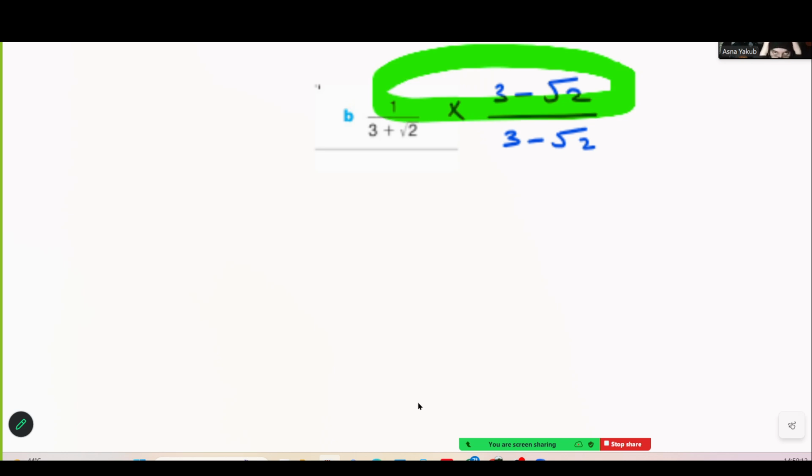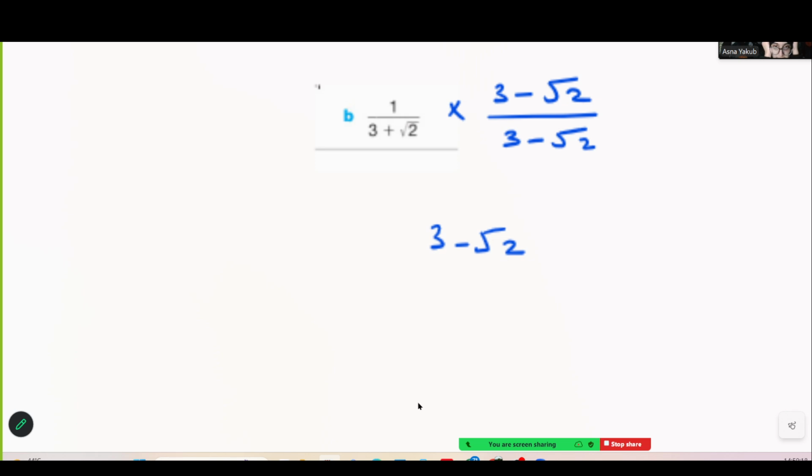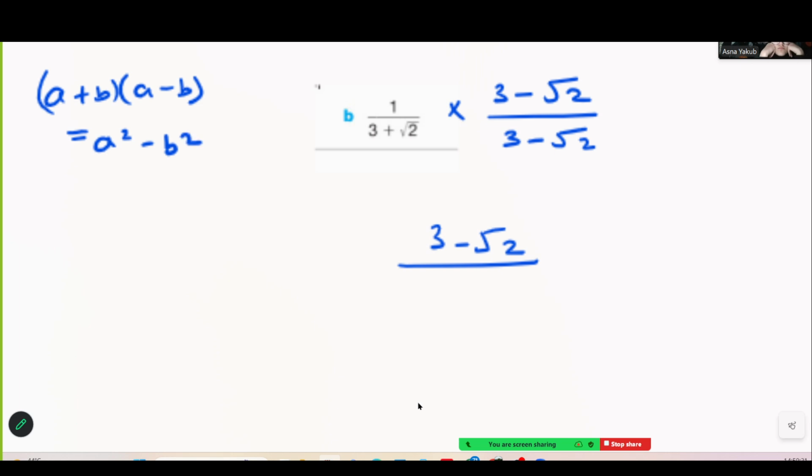Now we multiply these two, which is going to be 3 minus square root 2. If you multiply these two, you can check, they are in this format, a plus b and a minus b, which equals a square minus b square. Can you tell me what I should write here in the denominator?